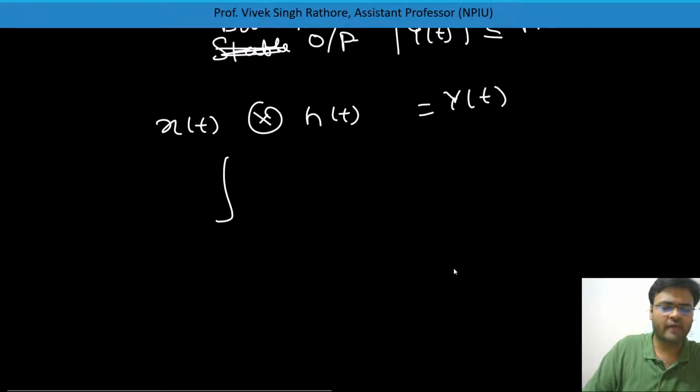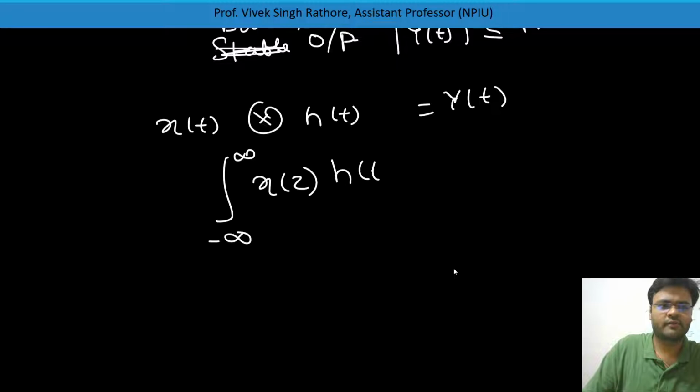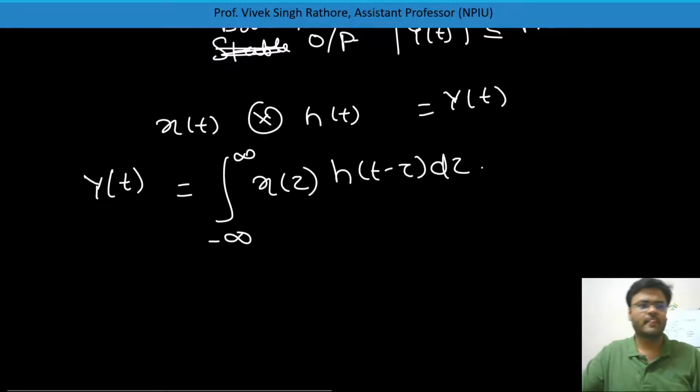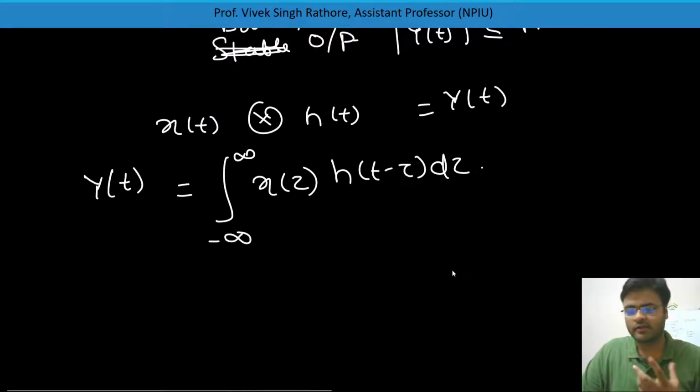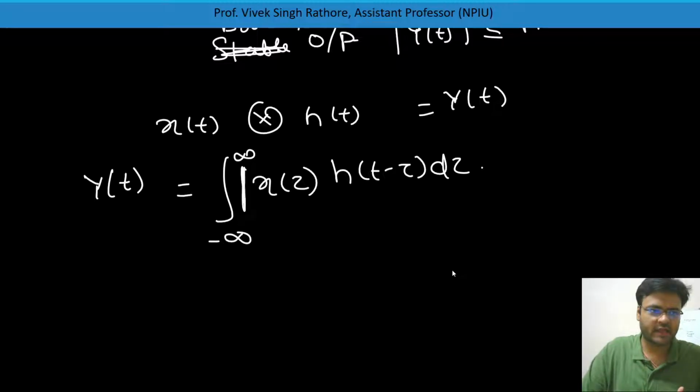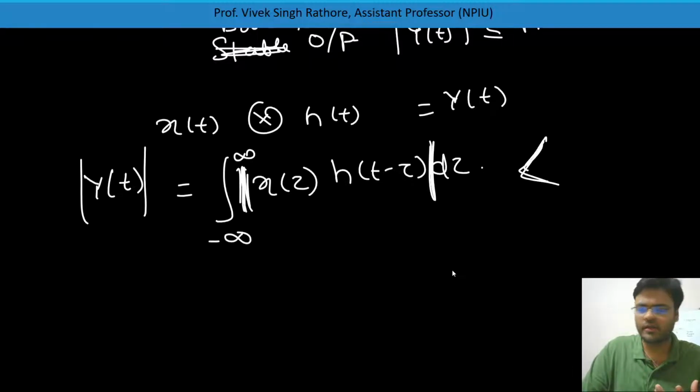What we are doing is the integral of x of tau h of t minus tau d tau, that is why we are getting output y of t. So ultimately, for a system to be stable, this convolution or total output is going to be less than infinite.